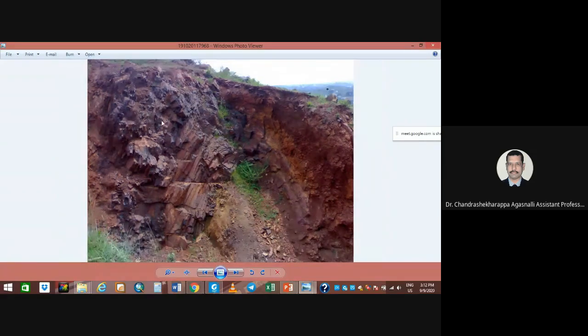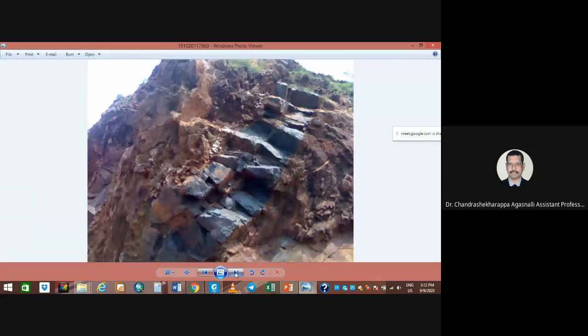This is completely iron ore. It's in Gadag district, nearby Gadag, hardly 5 kilometers from Gadag towards Haveri district, in the Nagavi area, near the Gadag government hospital. You can see these are all called metabasalts with the iron ore.